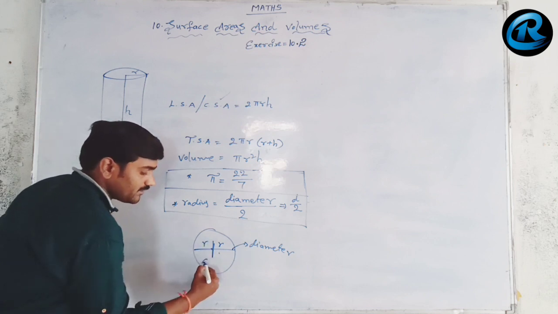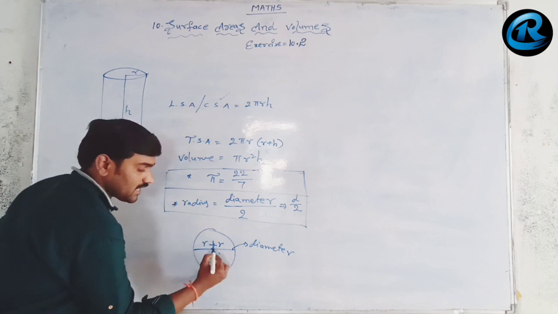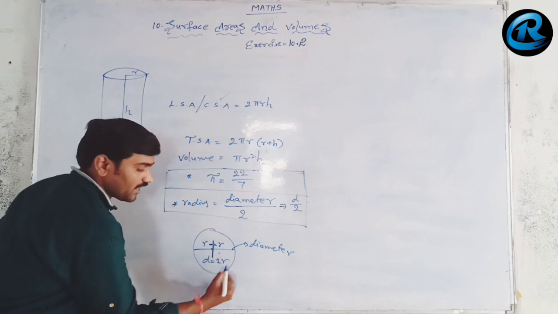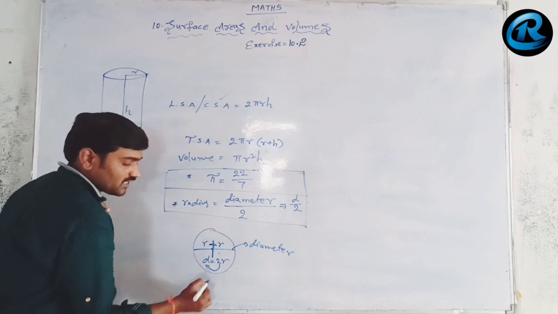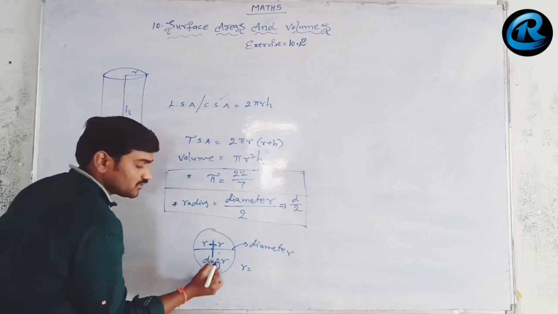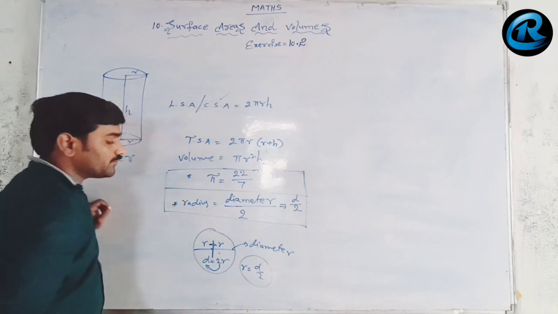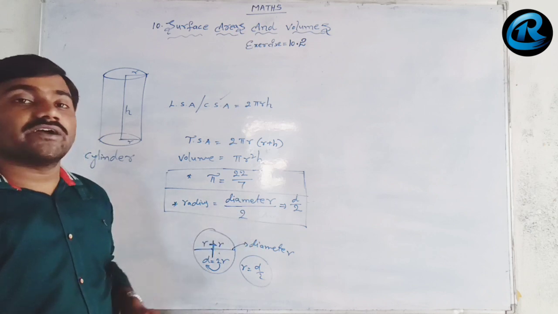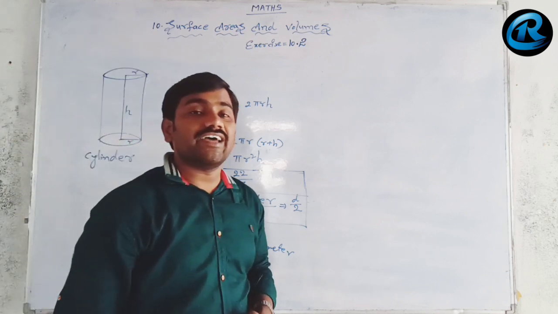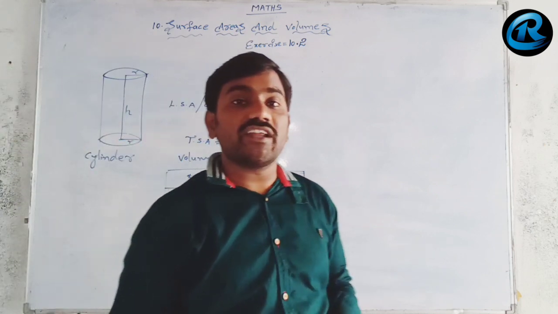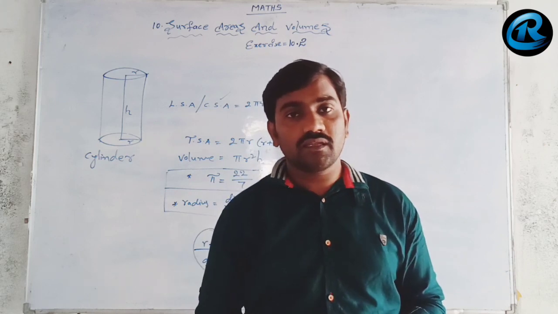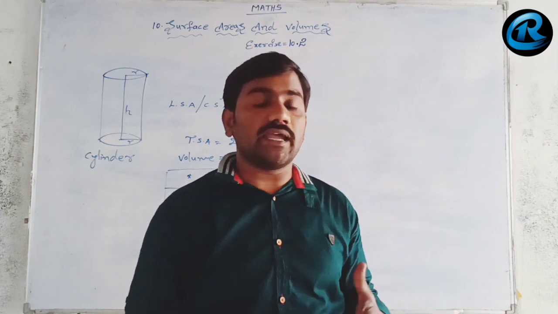So the diameter d equals r plus r, which is 2r. If you transfer this 2 to the other side, r equals d by 2. Radius equals diameter by 2. Half of the diameter is known as a radius. Twice the radius is known as a diameter.